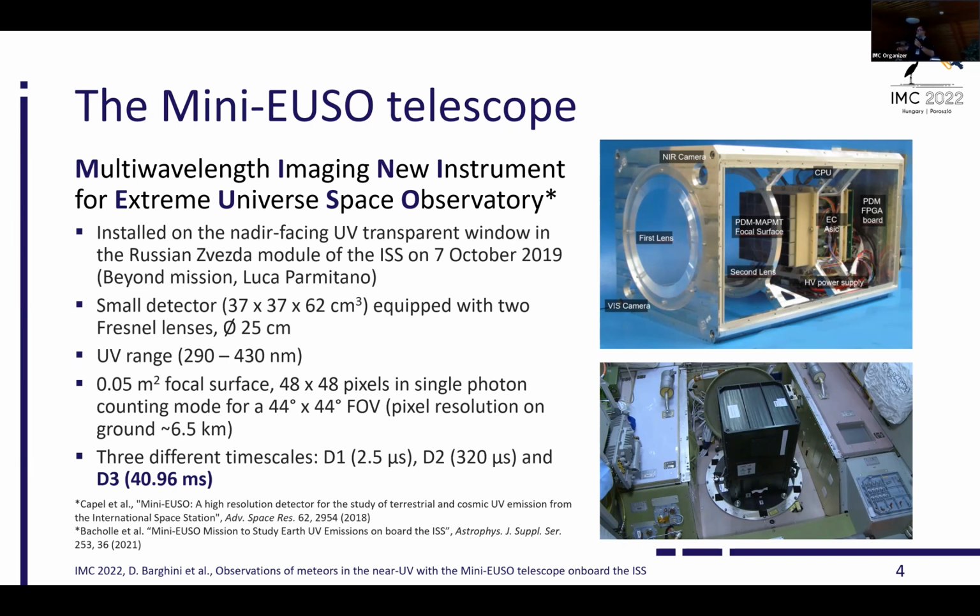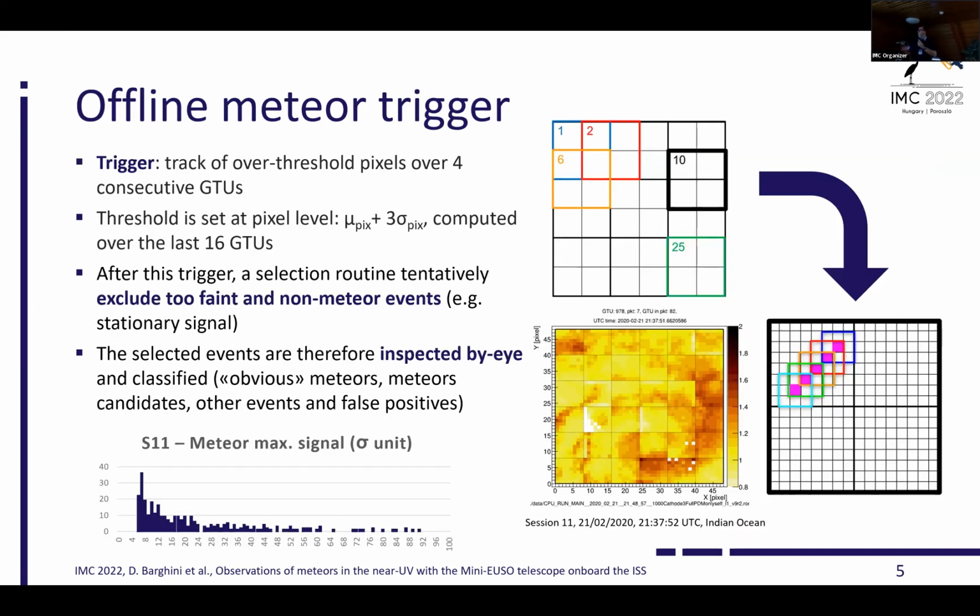So we have 2.5 microseconds, which is cosmic ray time, let's say, this time multiplied by 128, so 320 microseconds, and then by another multiplication of 128, we have approximately 41 milliseconds, which is good for meteors.